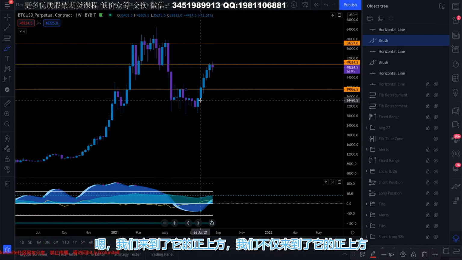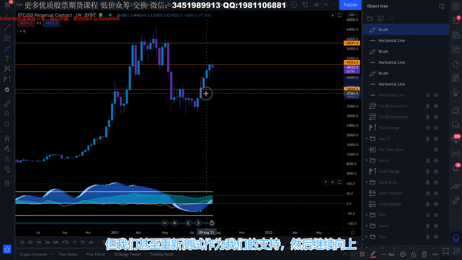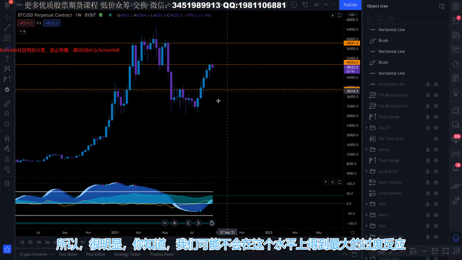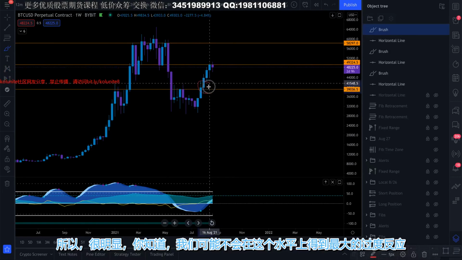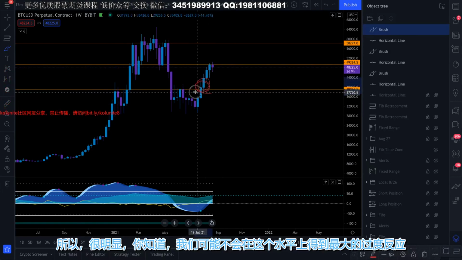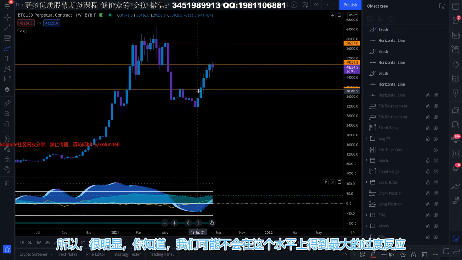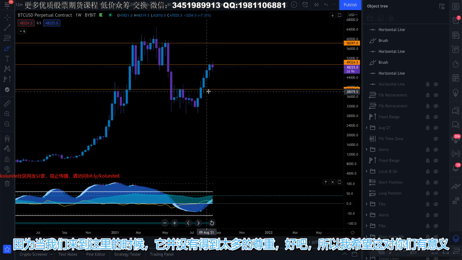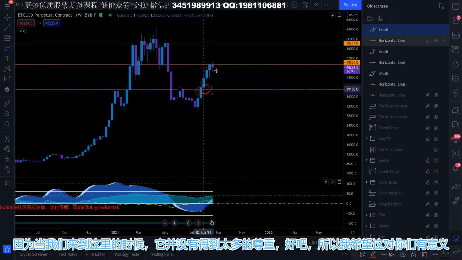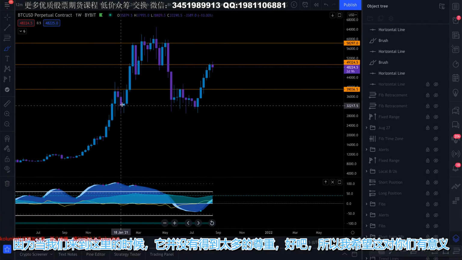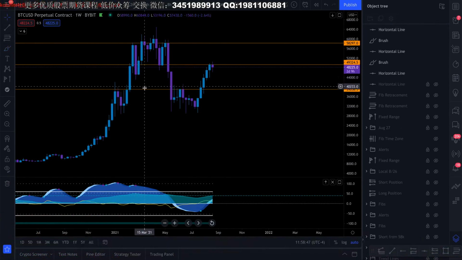Not only did we come up above it, but we even retested it as our support and then continued upwards. So it becomes very clear that we're probably not going to get the biggest reaction off of this level on the way down, because it was not really respected when we came up through here. Okay, so I hope that makes sense for you guys.